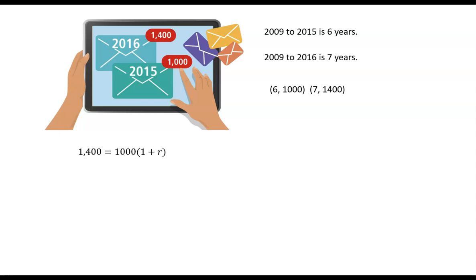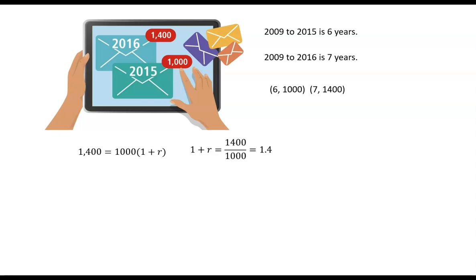So now our equation, we can see that if I took the consecutive years, I went from 1,000 to 1,400. So if I multiply 1,000 by 100% plus the rate of growth, I'll get the 1,400.